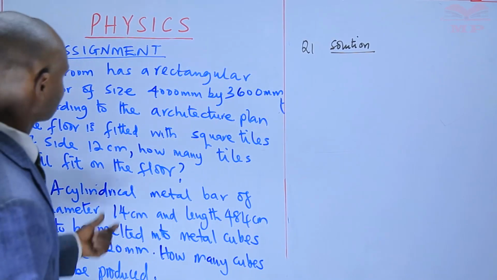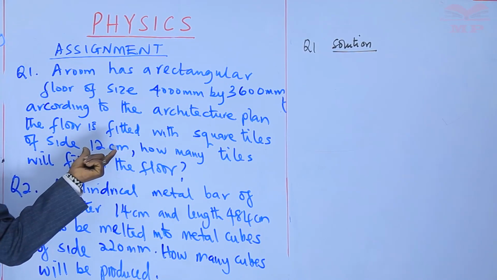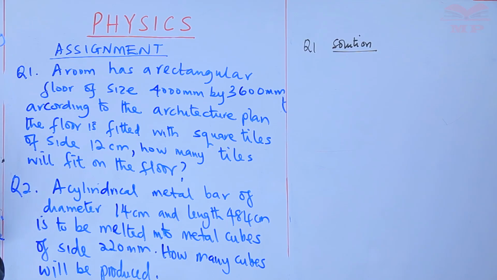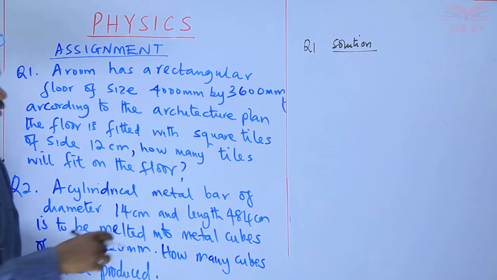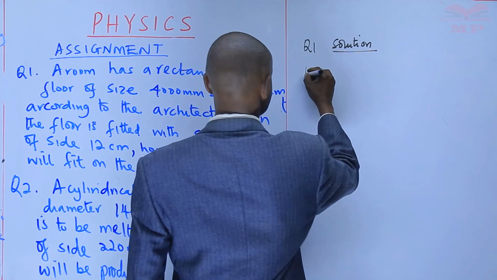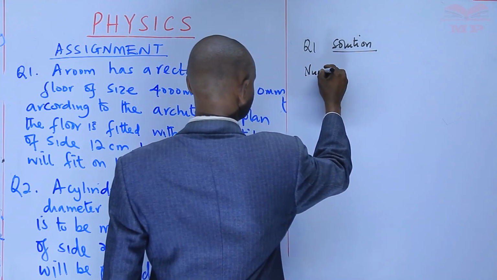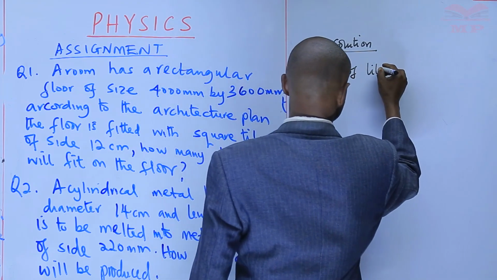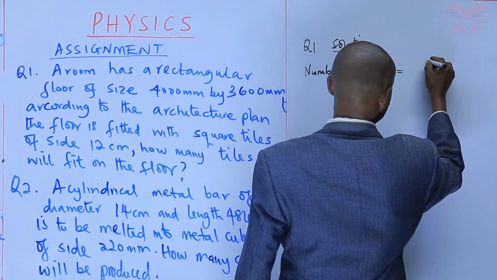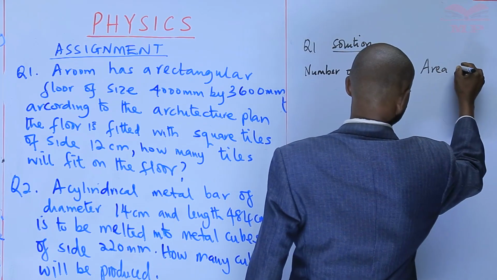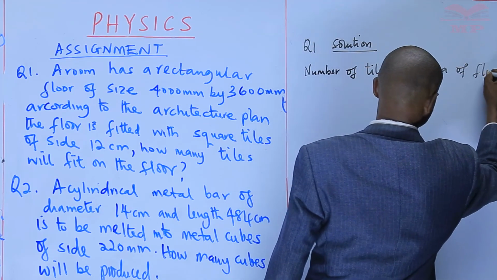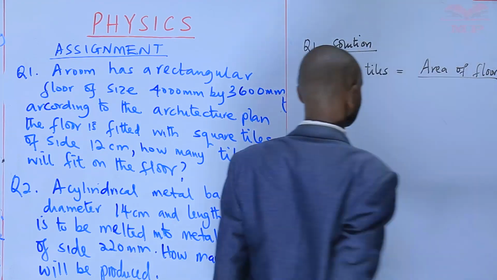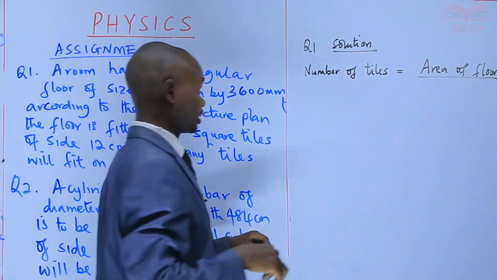The total area of the tiles on the floor will be equal to the total area of the floor. So the number of tiles will be given by the area of the floor divided by the area of each tile.